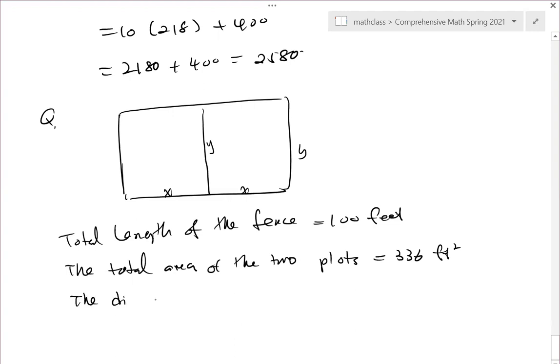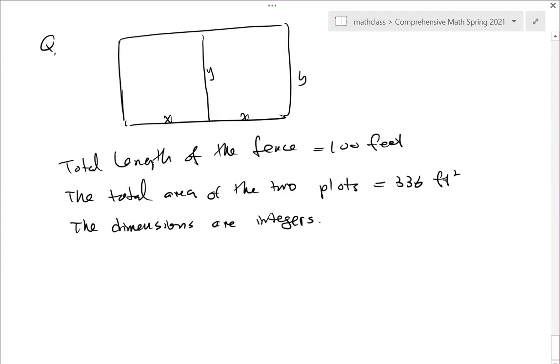Why? Because sometimes the fence is a wood fence, for example, you cannot bend it. It's always like a foot, one foot wide. Okay, so this is an additional condition. Now, what is the length of the fence that divides the two plots?